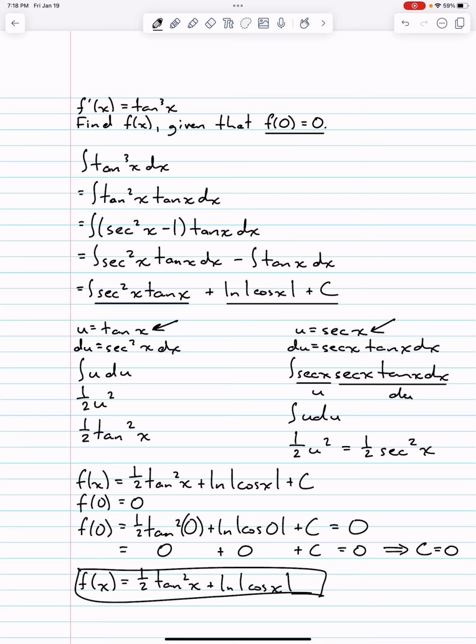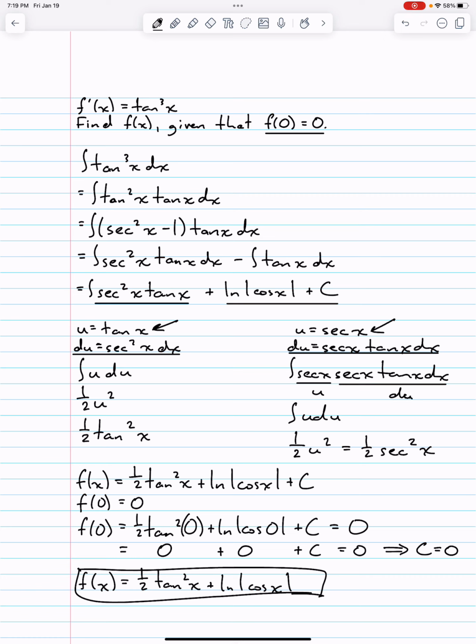One of the conclusions we landed on today is that it all comes down to what you can leave yourself to assign to du. If u is tangent of x, then du is secant squared of x dx, which is only possible if you start with an even power of secant. For the function we're trying to integrate, the power on secant is 0, an even power, so we could go u equals tangent x.